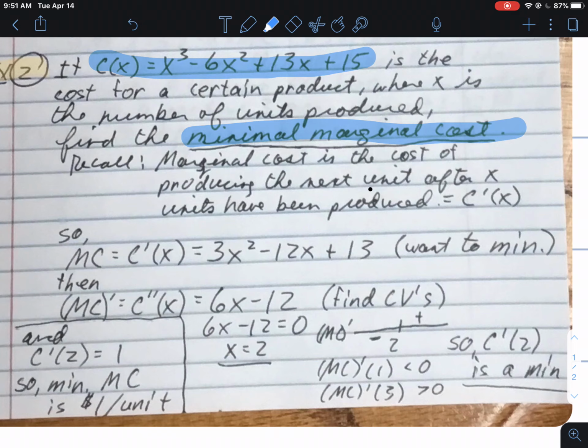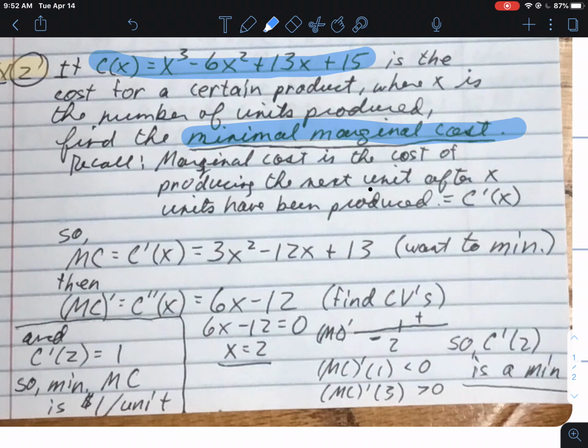So, for example, if we produced 20 units, we could find the marginal cost at a production level of 20 units, and that would give us the rate of change at a production level of 20 units, which would tell us how much we would expect it to cost to produce the 21st unit. Right? So yeah, we've talked extensively about marginal cost, so I want to just remind you exactly what that describes.